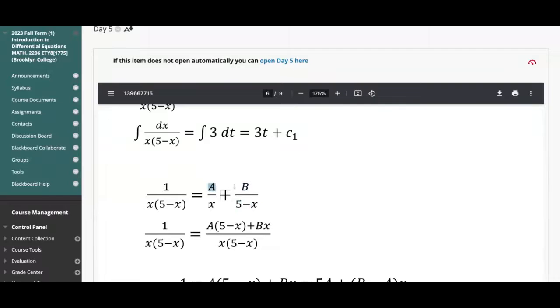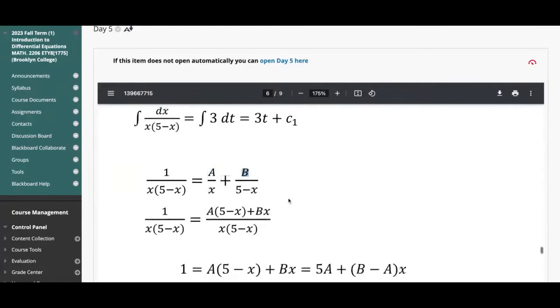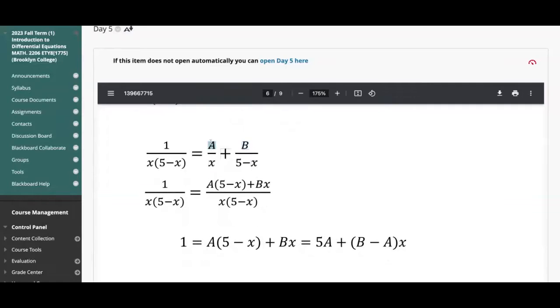And you don't know a, you don't know b. You just use those 2 as variables for now. So when you do this, you need to find a and b. How do you find your common factor? The common denominator is x times (5 minus x). Then that means for a, you need to multiply by 5 minus x. So the first term, you multiply by (5 minus x) divided by itself.